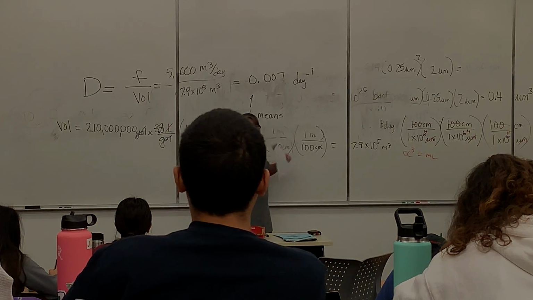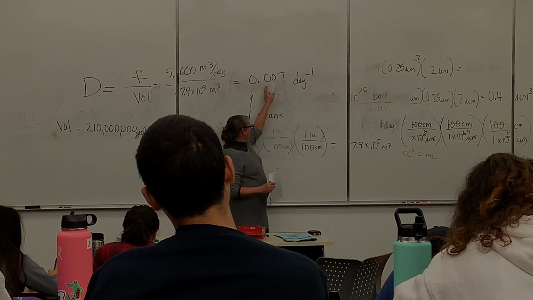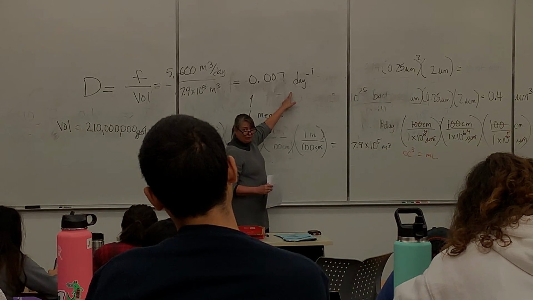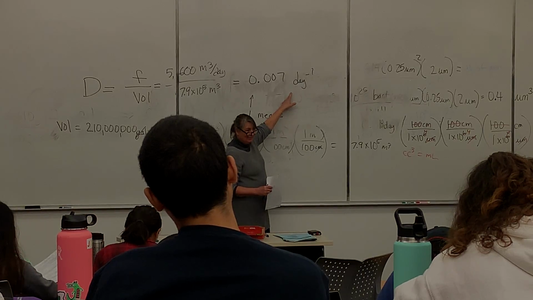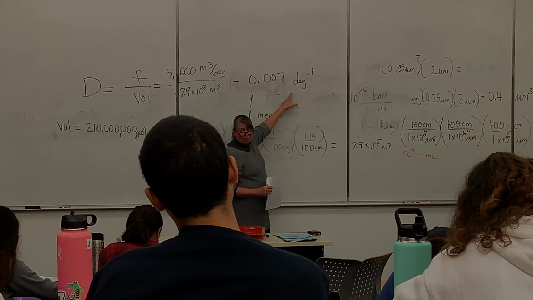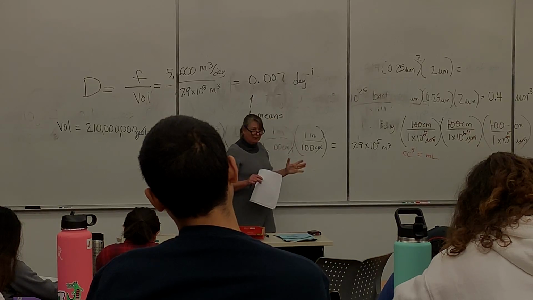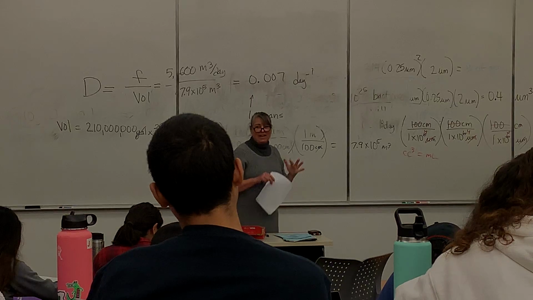The dilution is all of it in that amount of time. In this case, we have 0.007 per day. So that's roughly 0.7% a day, because 1/100th would be 0.01, and we're just below that, right? So it's close to 1% of the water being contaminated with the oil per day in that area.